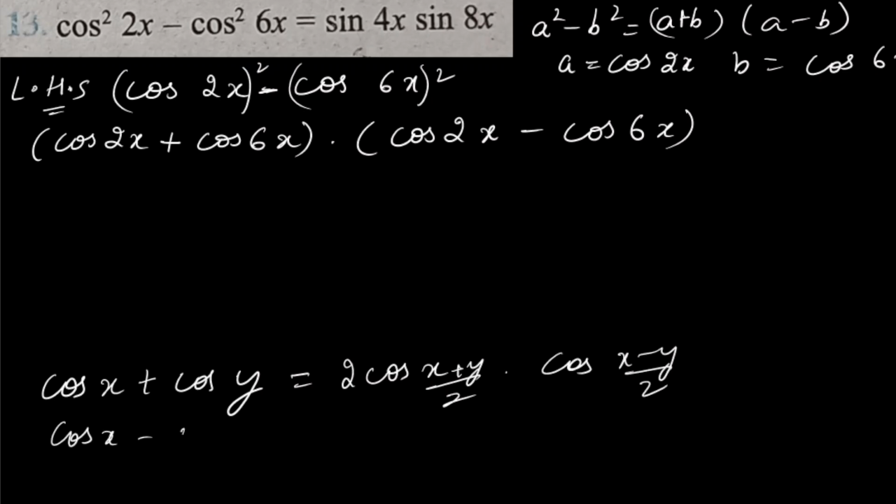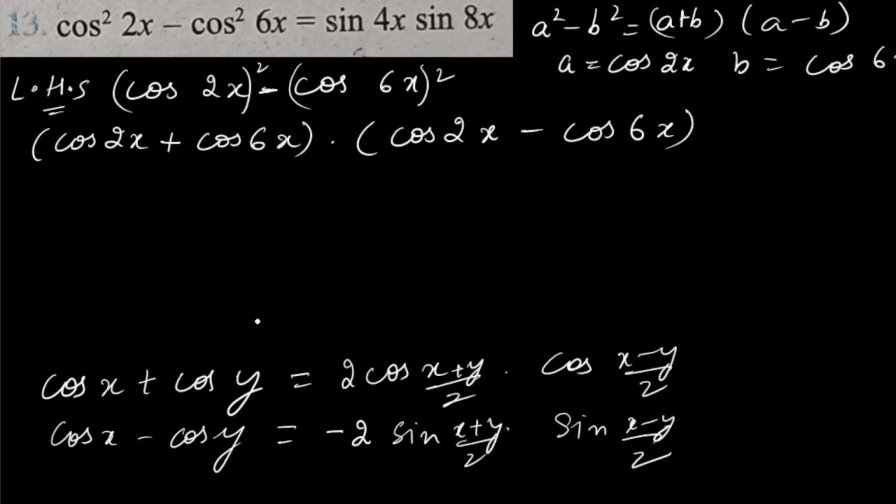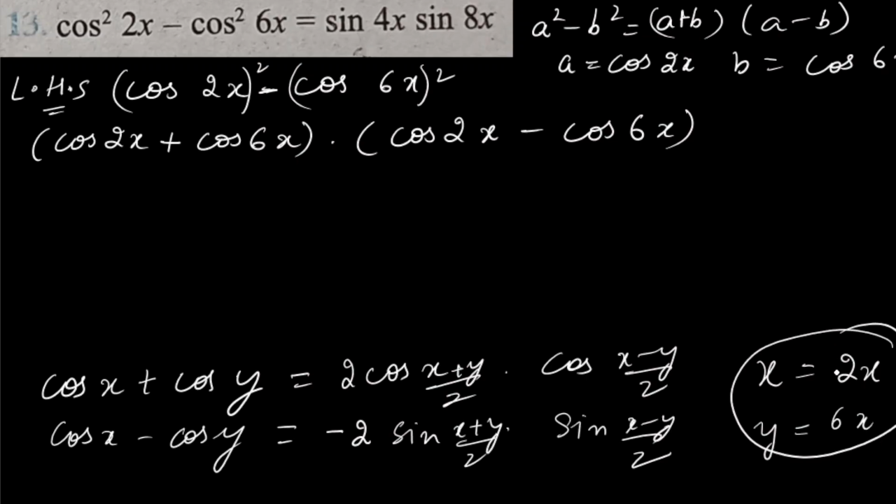If minus is there, cos x minus cos y, then minus 2 into sin x plus y by 2 into sin x minus y by 2. So these identities we have to use. Here x means the first angle, which equals 2x, and the second angle y equals 6x. So accordingly we have to substitute.